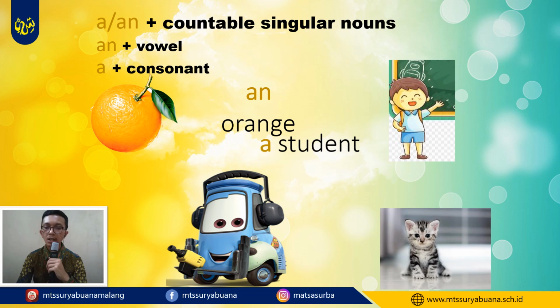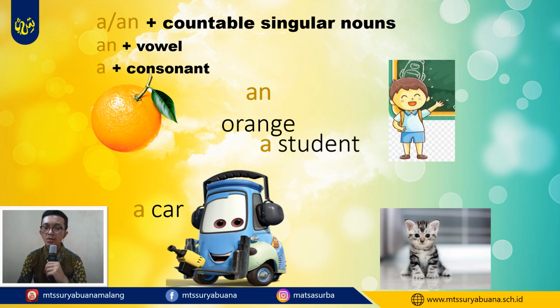And then a student. Why does this object use a? Because the noun here begins with S. S is a consonant, so we use a student. Well, the next one is car.